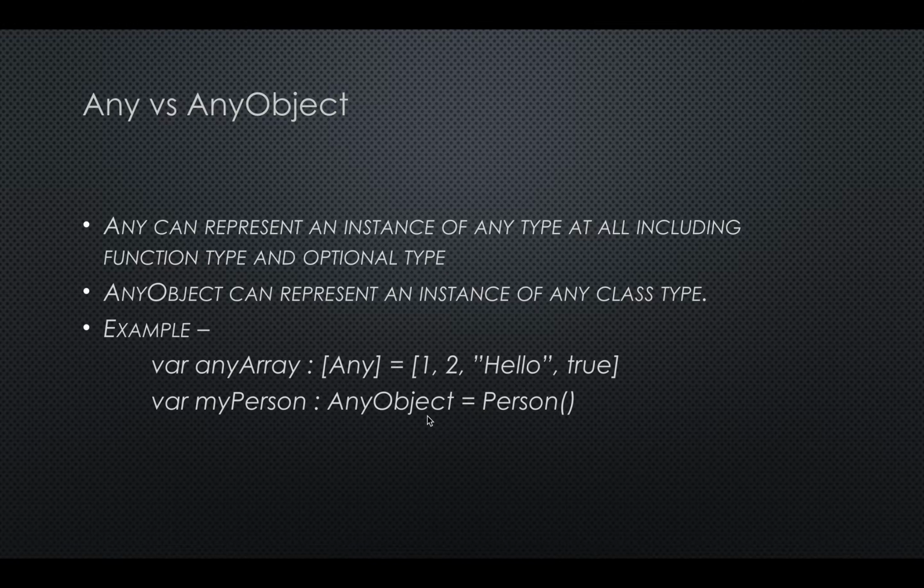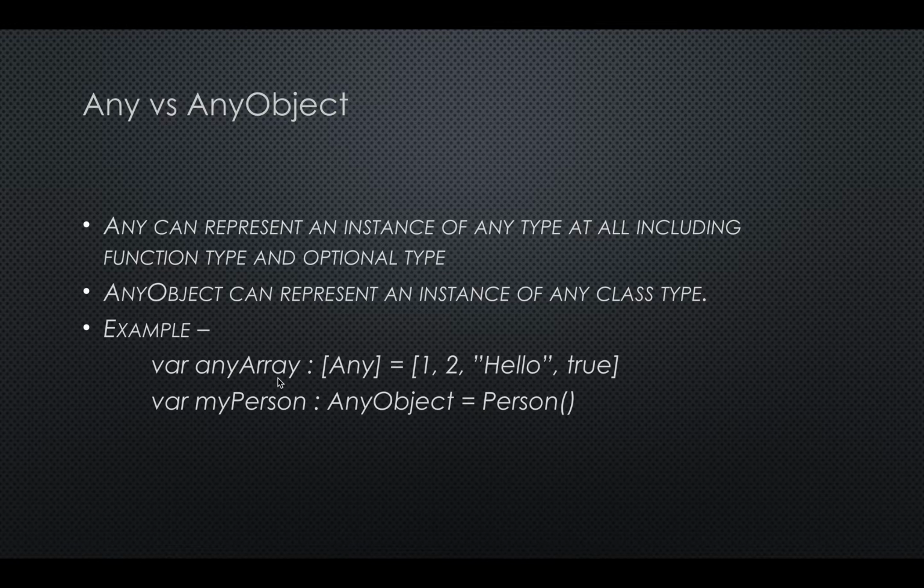So Any is nothing but a data type which can be referred to for multiple data types like string, boolean, or integers. AnyObject can only be used for class type, whereas Any will be used with optional or function types and all the data types like string, integer, or boolean.